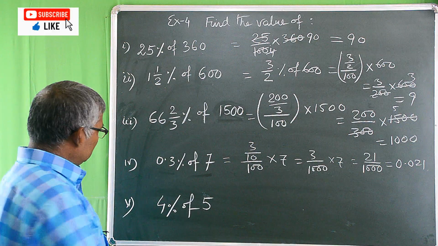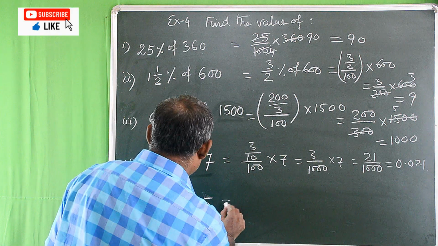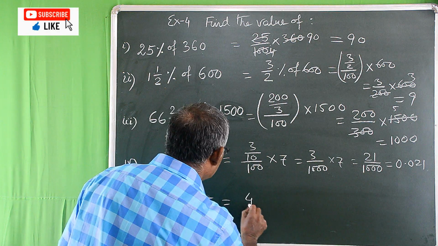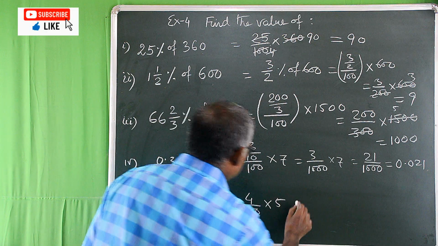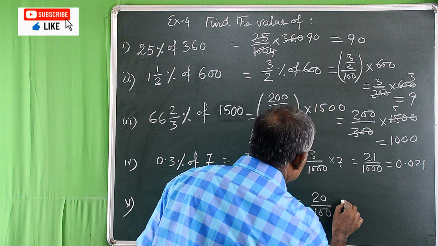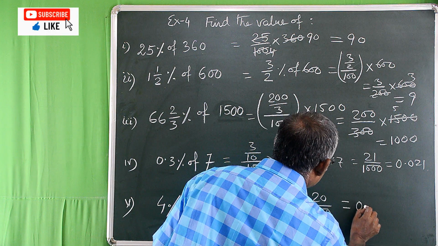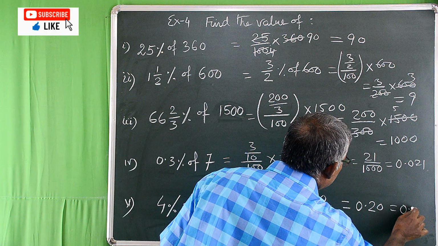Students, now let us consider the problem 4% of 5. This can be written as 4 by 100 into 5, equal to 20 by 100, equal to 0.20, that is 0.2.